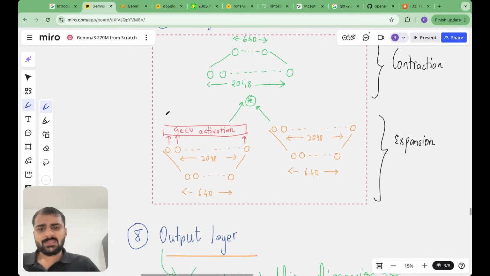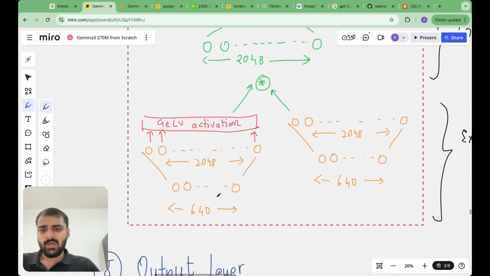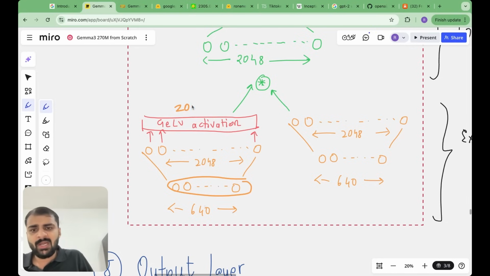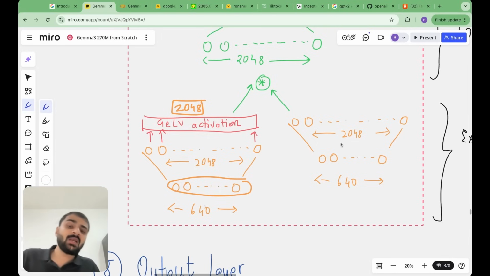So what they did was they had a similar mechanism where they had one neural network here, in which the 640 dimensional vector is expanded to a 2048 dimensional vector. It passes through the GELU activation, and we have a 2048 dimensional vector here. That's fine. But then they construct another neural network, which is again 640 to 2048. So the output is 2048 over here.